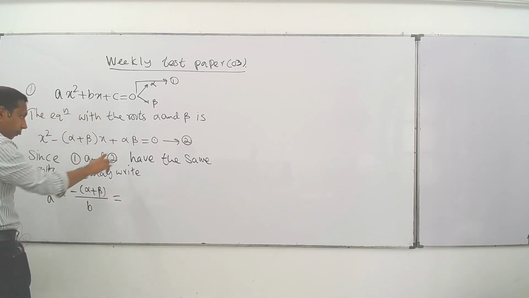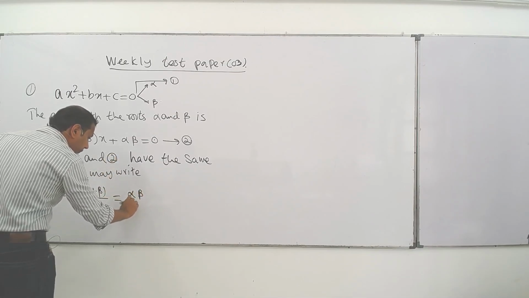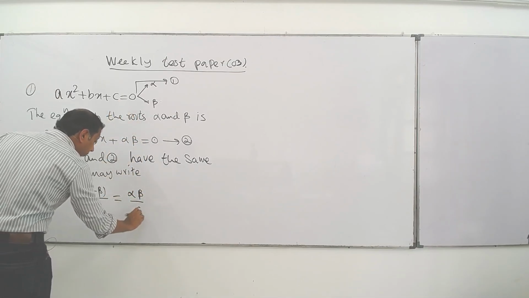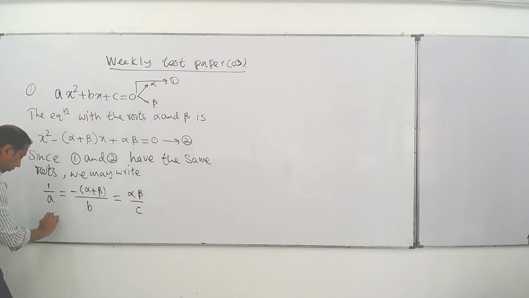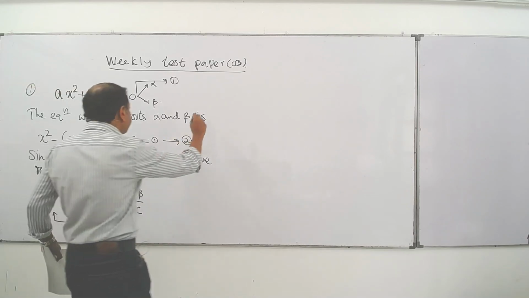Here alpha beta, it is c. Now we can take these two together.